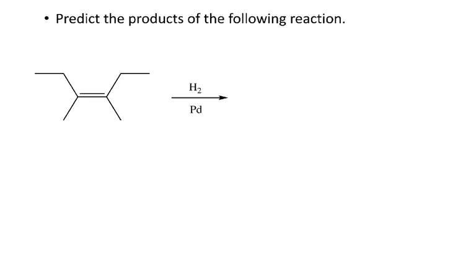Okay, so one more example. We want to predict the products, and again, this is an example of catalytic hydrogenation. And so in this case, both carbons, when we add these hydrogens, are going to end up being chiral. So we're going to have the hydrogen that we add, the methyl, the ethyl, and then they're going to have a secondary butyl group. But let's take a look and see what these products are. And so first, let's add it as if the hydrogens were coming in from the bottom.